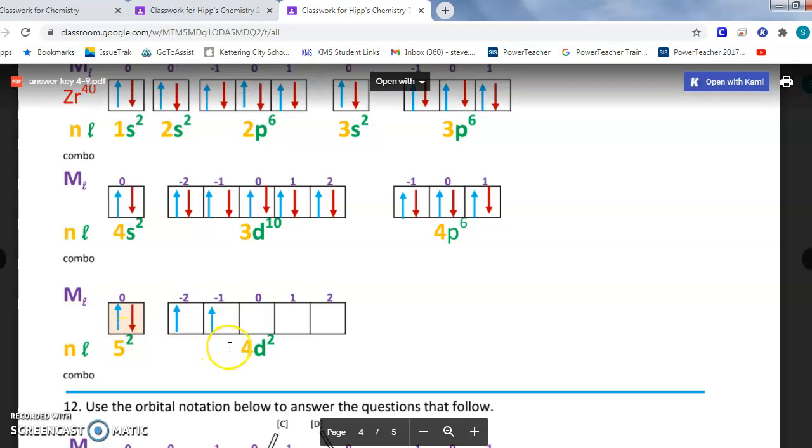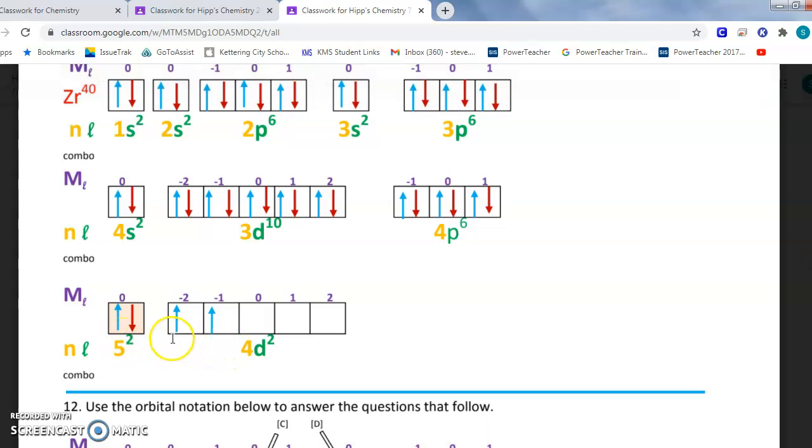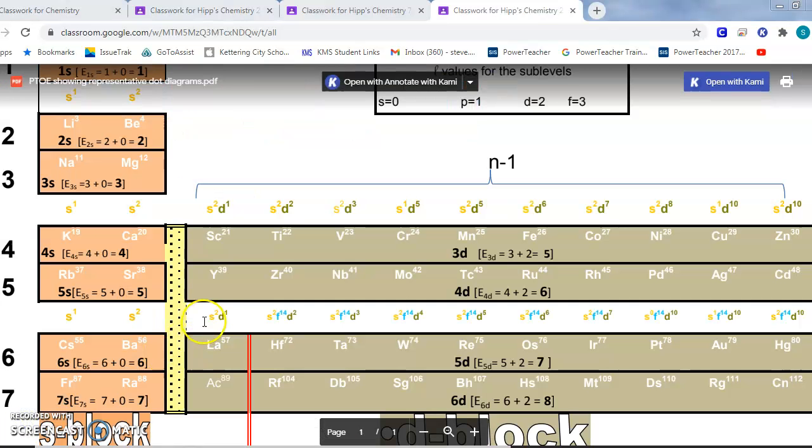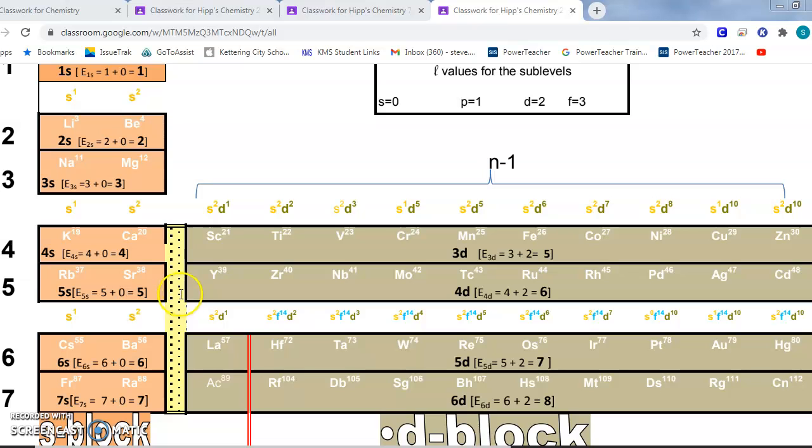This 5s2 4d2 is really what we needed in order to understand zirconium's behavior and where it is on the table. So with the 5s2 4d2, we could find zirconium right here.